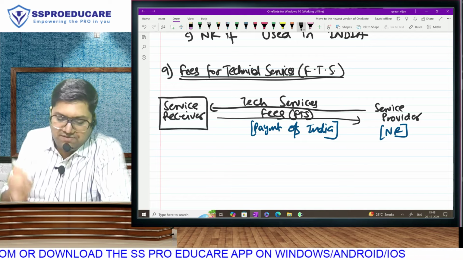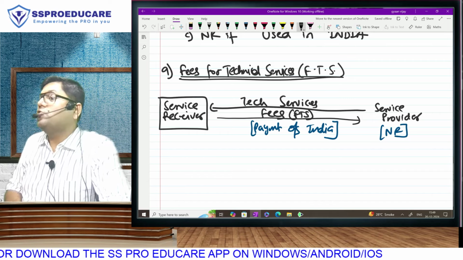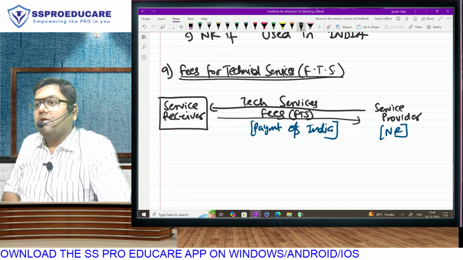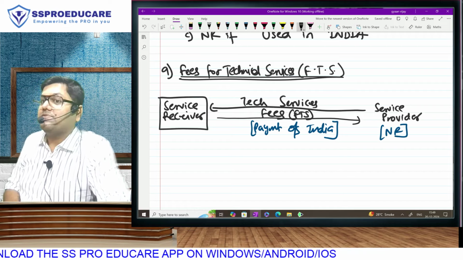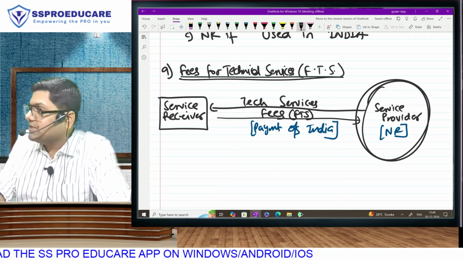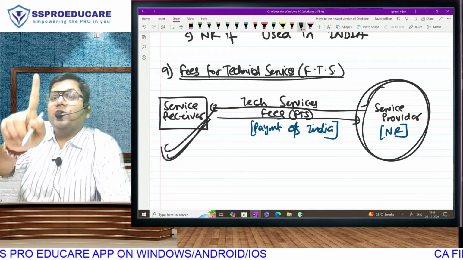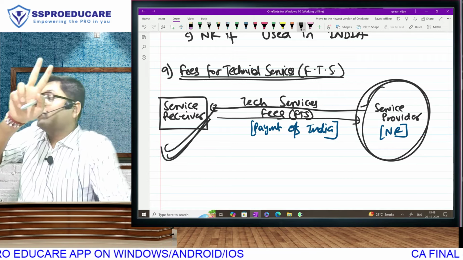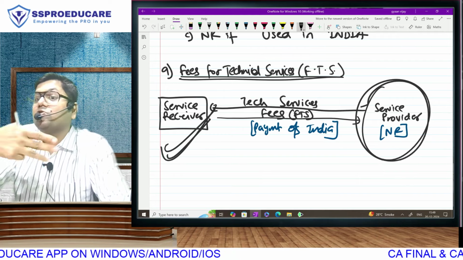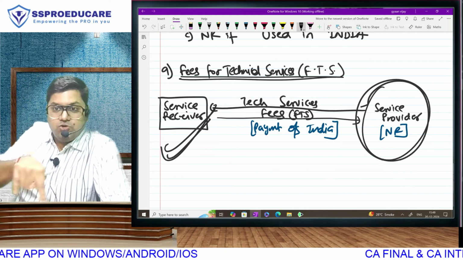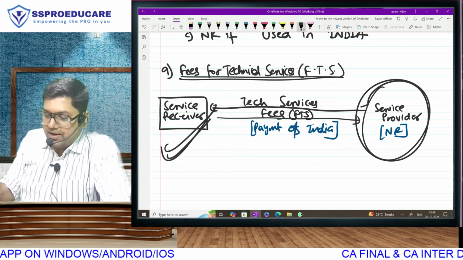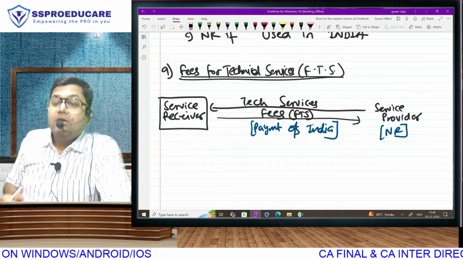Like income number 7 and 8, where has this person used the services? If this person has used my services, I am the assessor. If this person has used my services in India, first it was used my funds, then it was used my intangible asset. Now it is used my services. If this person has used my services in India, then it will be considered as Indian income.